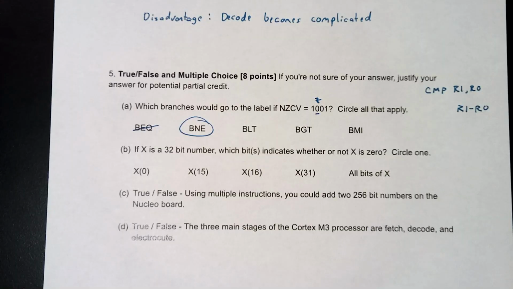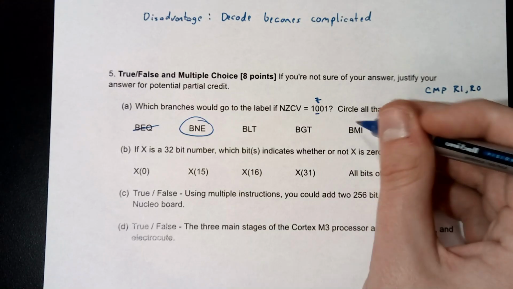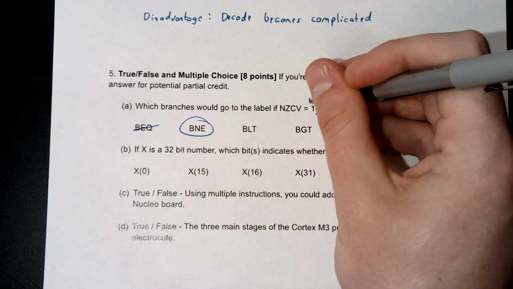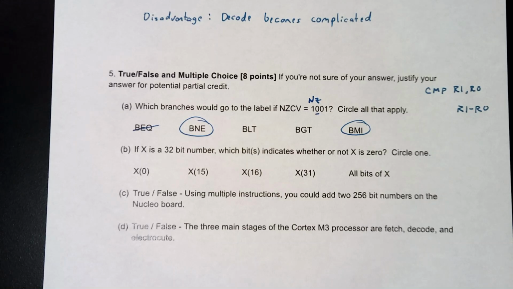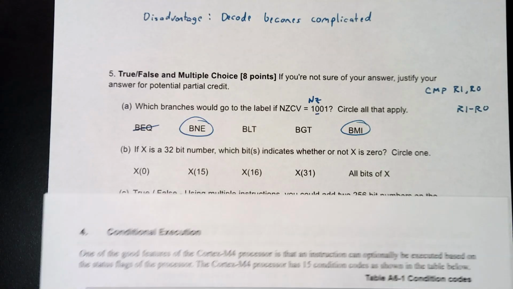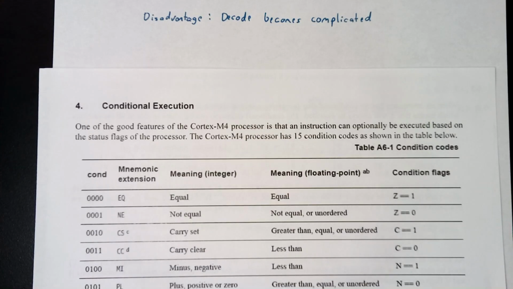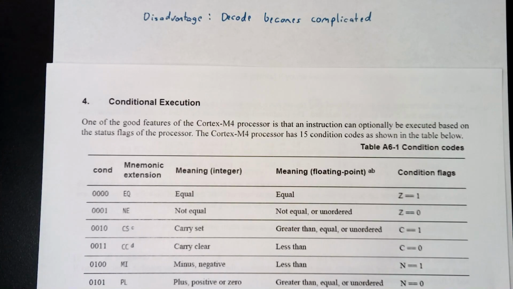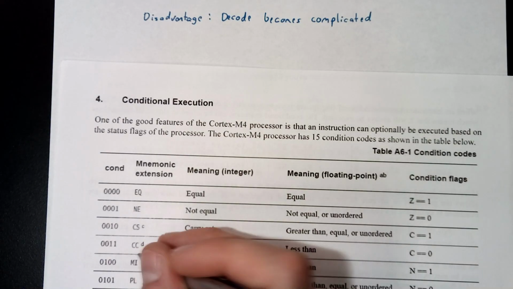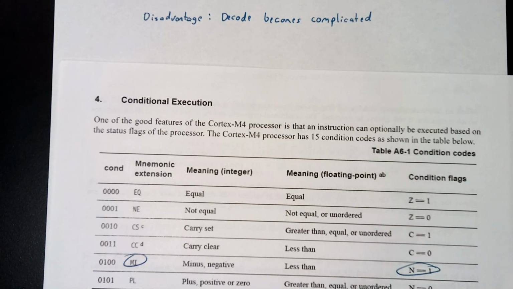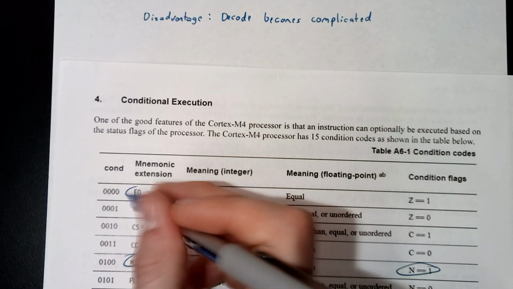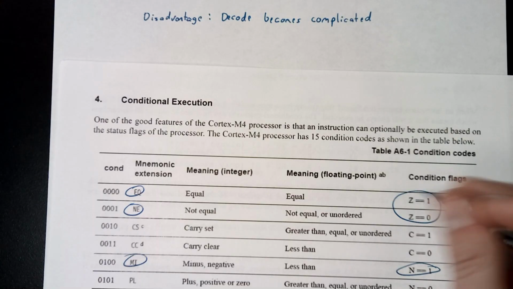What do those mean? BMI is negative, and so that N bit is set there. This is the sort of thing that for this type of problem you may be expected to reference the notes or the manual. So here we can look and see what these codes mean, and we see like MI is N equals 1, EQ and NE are Z equals 1 and Z equals 0.